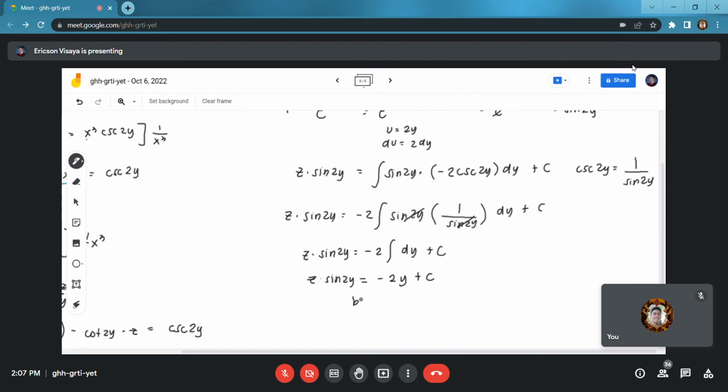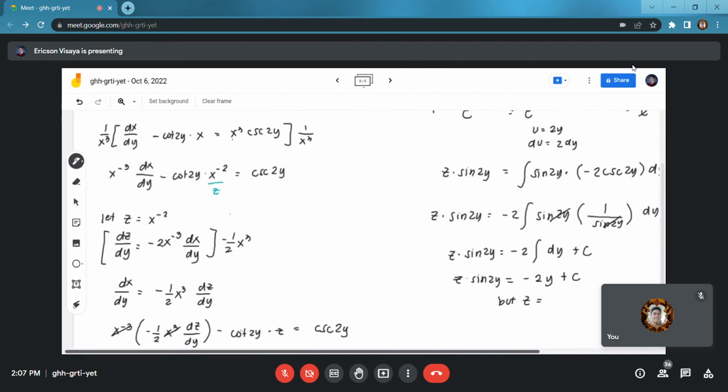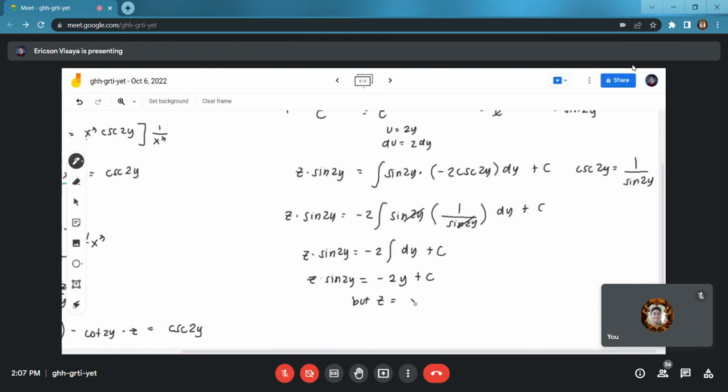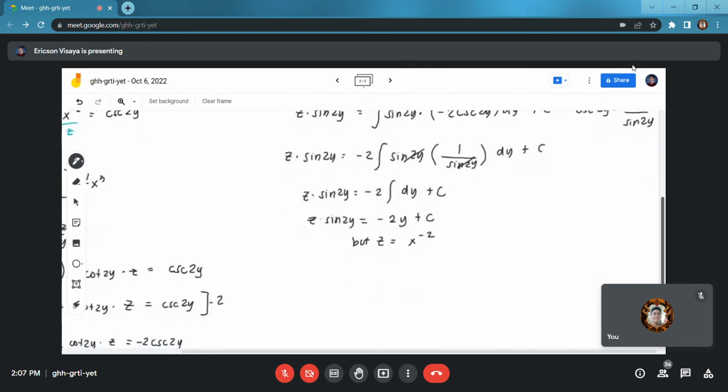But take note natin, ang z natin is equal to x raised to negative 2. Yan. Bali, ang sagot natin ay x raised to negative 2 times sine 2y is equal to negative 2y plus c.